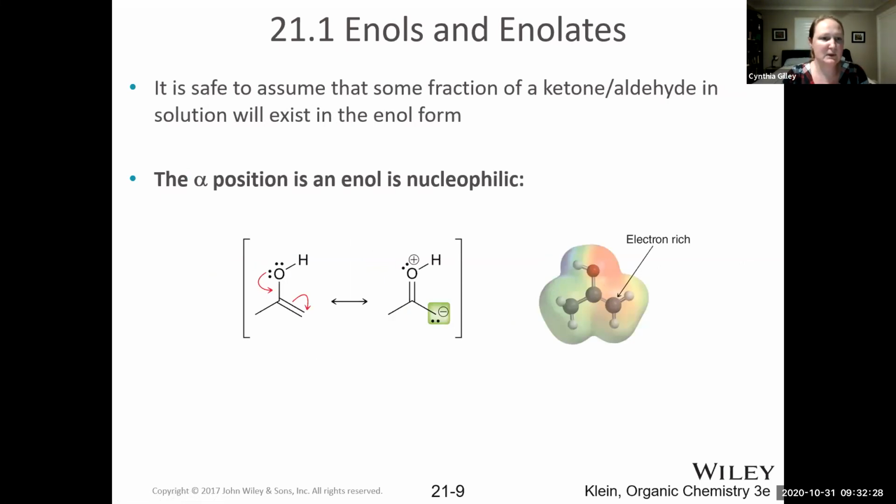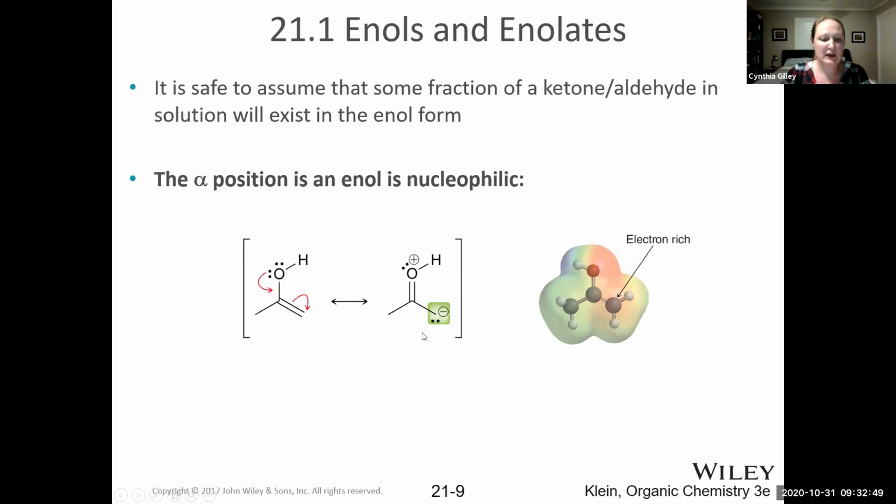So it's safe to assume that if you have a ketone or aldehyde, some fraction of those molecules will exist in the enol form. And if we look at the resonance structures of an enol, we have two resonance contributors, and one shows us that there is a partial negative charge on the alpha carbon.